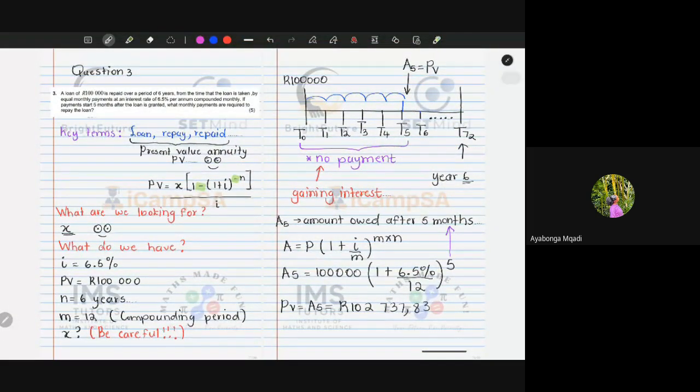Do you understand why we are going to use this as the present value? I'm going to pick people now. They should tell me why they understand. So we have a person who's called Tembisile. Do you understand why I couldn't use the 100,000 to calculate X, which is what we are looking for? If yes, why did we do what we did? If no, I'm going to maybe help you to answer that. No, sir. Okay.